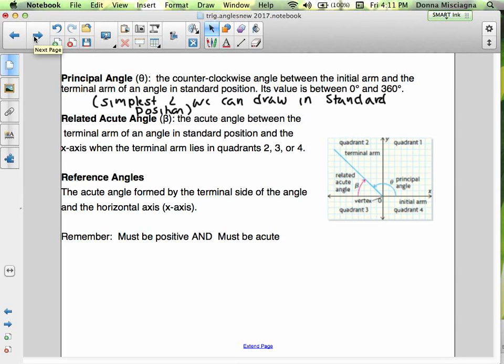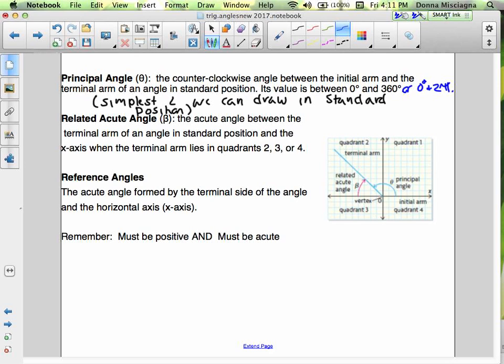All right, so we have a principal angle, which is the counterclockwise angle between the initial arm and the terminal arm of an angle in standard position. Its value is between 0 and 360, or if you're in radians, 0 and 2 pi.